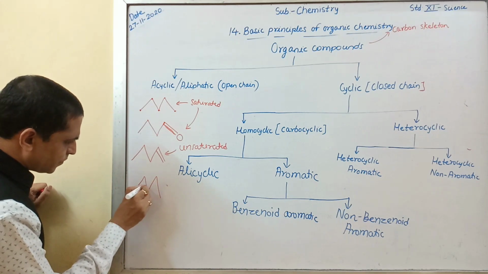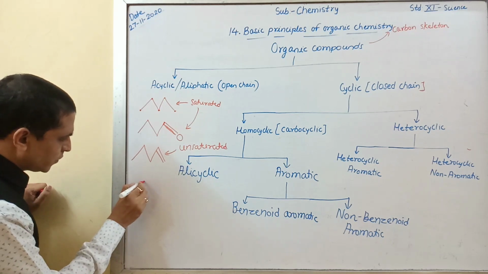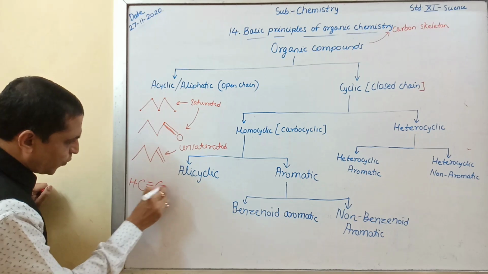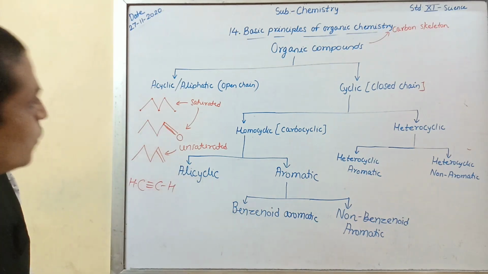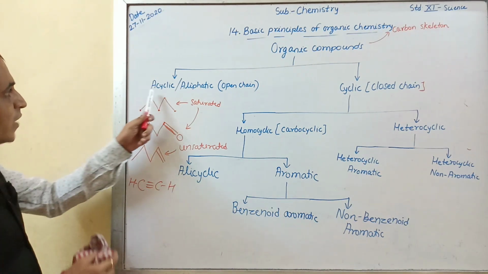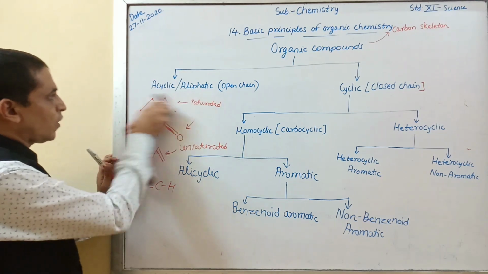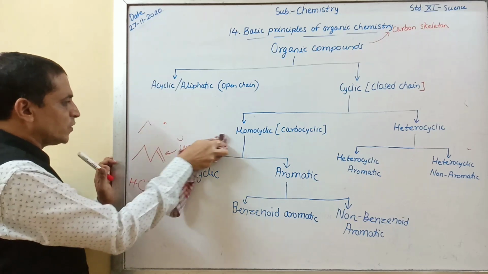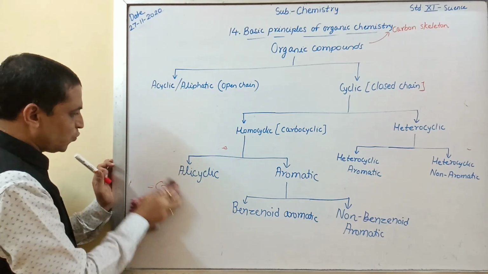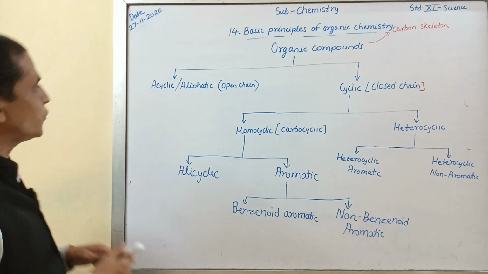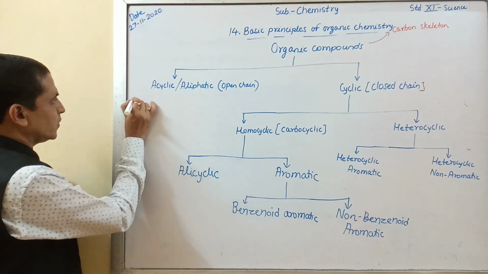This way also, or you can put this way: CH triple bond CH. So all these are about acyclic. They are also called aliphatic, and these are open chain compounds. I am writing examples for this. I hope you understood straight chain, branch chain, as well as saturated and unsaturated.